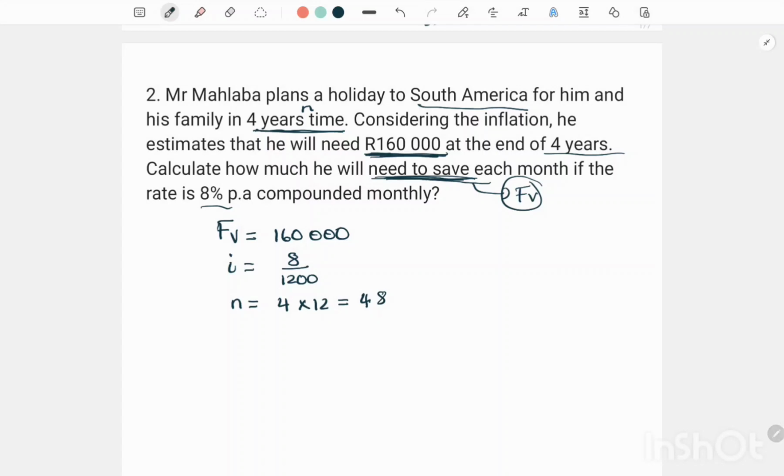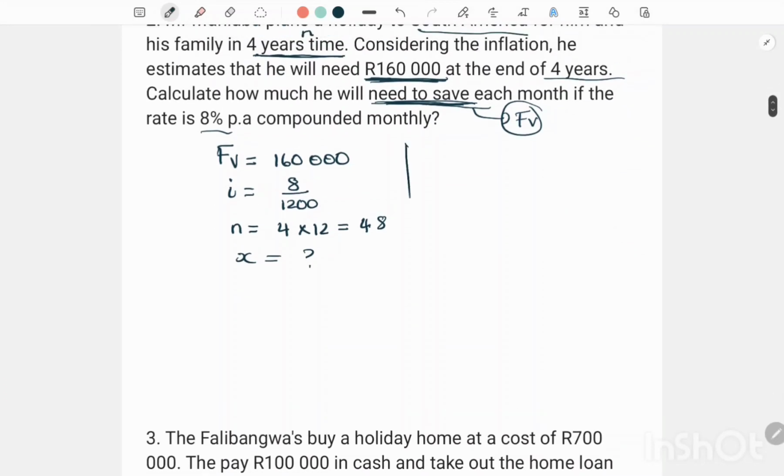And then what again? I have to find how much he needs to save each month. So the formula is, remember, there is a formula for payments.